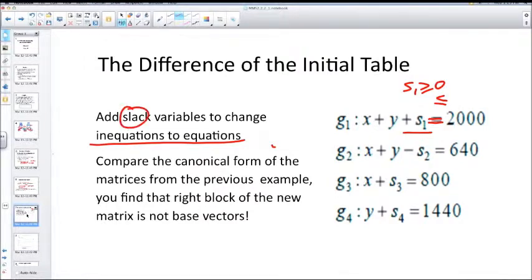But the second, we said you really get a lower limit. You want x plus y bigger than 640. Of course, you cannot add another positive number to make it equal. You have to subtract another positive number s2 to make it 640.